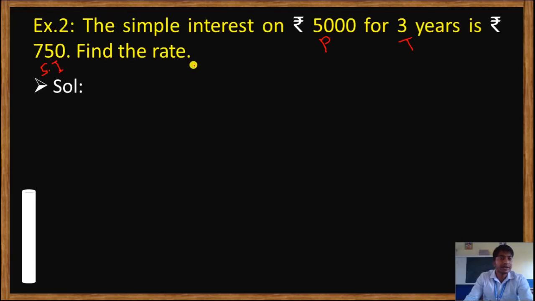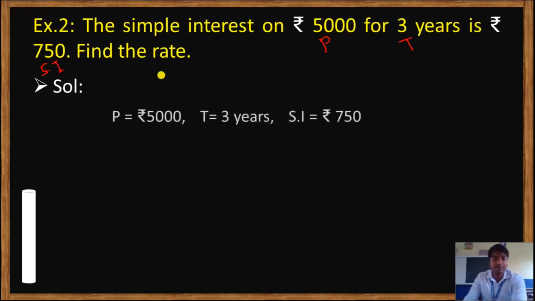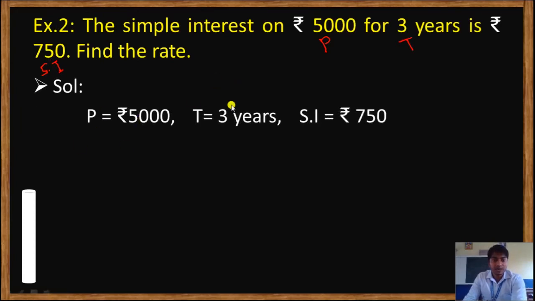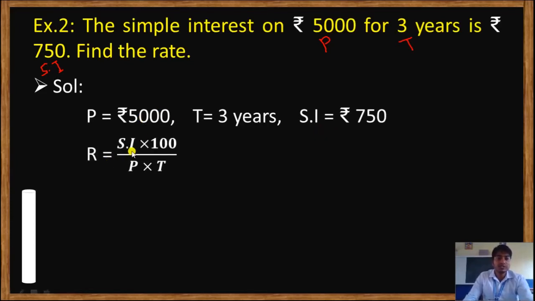Find the rate. So we have principal, time and simple interest, and we have to find the rate. The formula you know very well: rate equals simple interest into 100 by principal into time.